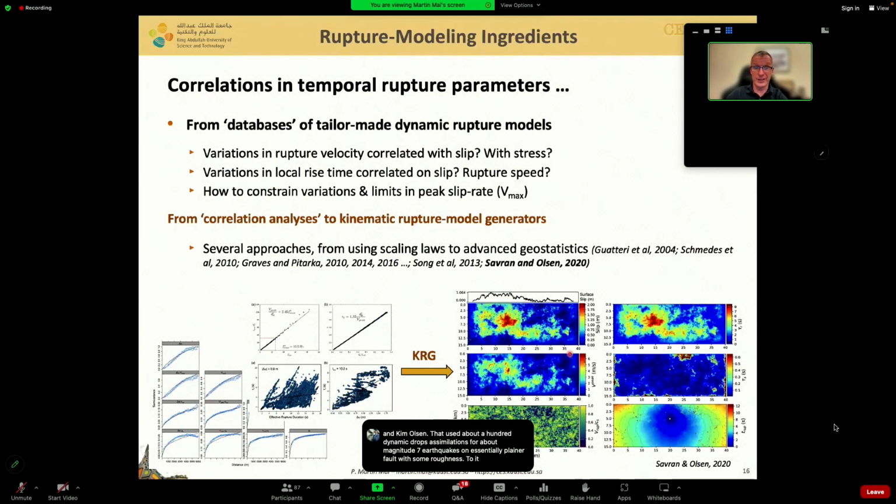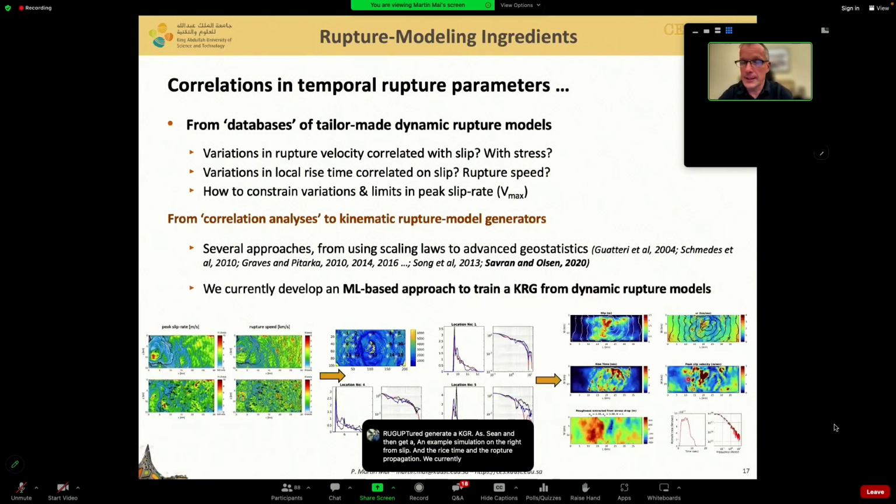And they used geostatistical techniques, as shown on the left, from variogram analysis and some scaling laws to come up with the kinematic rupture generator, KGR, as shown, and then get an example simulation on the right of the slip, the rise time, and the rupture propagation.